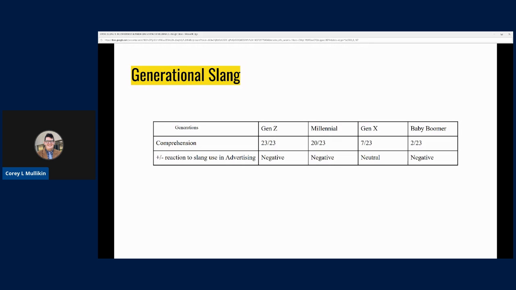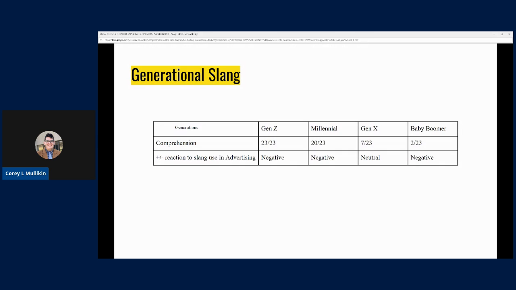And they said, I would hate that. But if a company used the slang, knowingly making fun of themselves for using it, it would be more okay. So maybe you have an organic tea company and you said, we're going to spill the tea on our process. That would be more acceptable because they're willingly making fun of themselves.